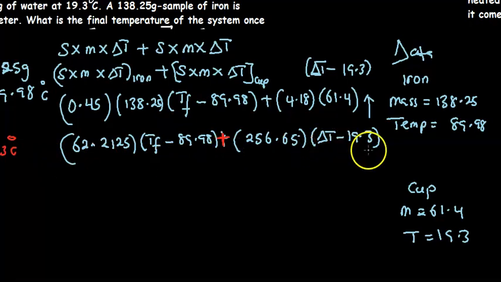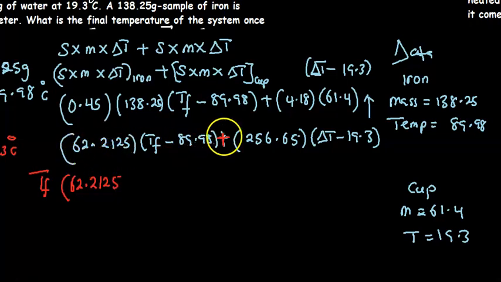So we need to bring back our final temperature. We are going to rewrite 62.2125 TF. Then you multiply the same 62.2125 by 89.98. If you do that, remember there is a negative, so it is going to be negative 5597.8. The same thing with this case.